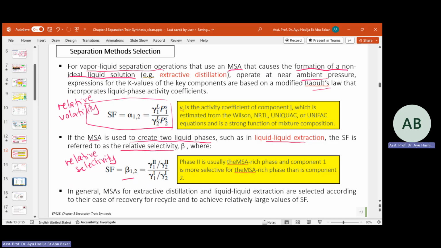Let's say you have liquid 1 and liquid 2. MSA joined with liquid 1, so it already changed the properties of liquid 1, phase 1. From there, you can adjust the parameters, the conditions, to proceed with the separation process.